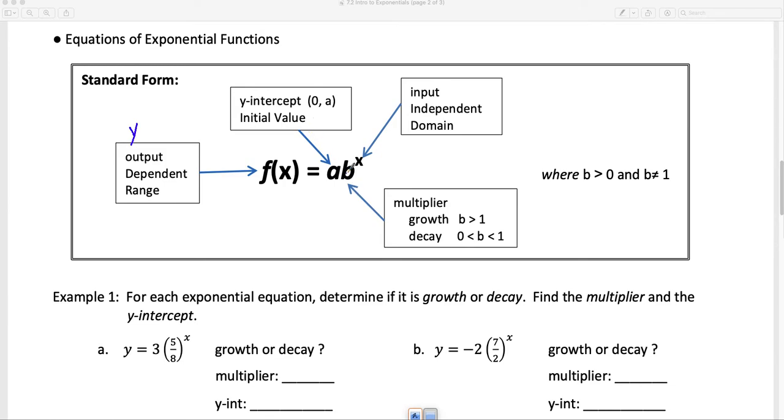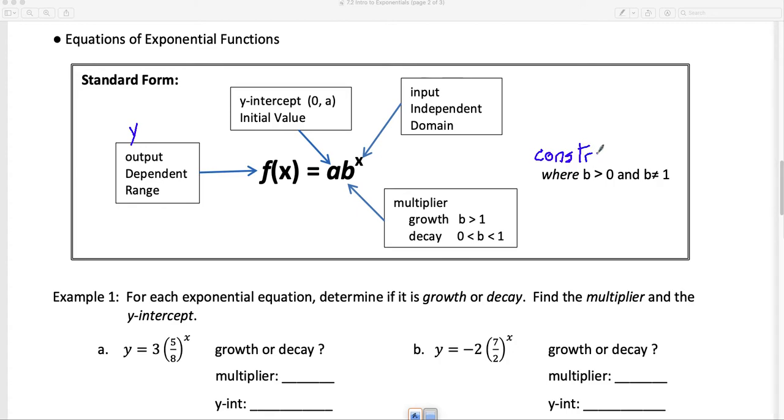All right, B. B is going to be in general called the multiplier. It is sometimes a growth factor. It is sometimes a decay factor. It is growth if it is greater than 1. It's decay if it's between 0 and 1. There's something unusual here we haven't seen before. We have constraints on B. We've used the word constraint before. It means I have a limitation or a restriction.